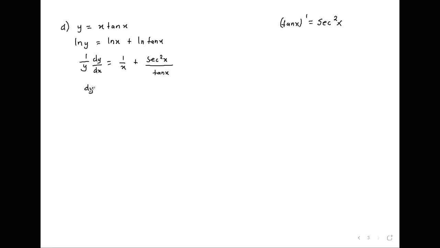And so dy/dx is going to be x tan x multiplied by, if we get the common denominator to be x tan x, then we'll have tan x plus x sec squared x. And then this part and this guy will cancel. So we remain with tan x plus x sec squared x is equal to y prime.